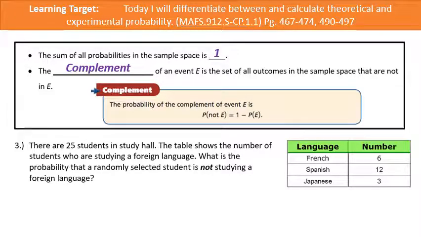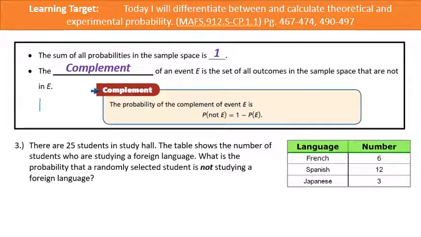If I'm looking for the probability that it's not heads when I flip a coin, I could take the probability of 1, everything, and subtract the probability that it is heads. That's the idea behind the complement. The probability that it's not E is equal to the total, which is 1, minus the probability that it is E. So if I take away what is E, what is left is not E.